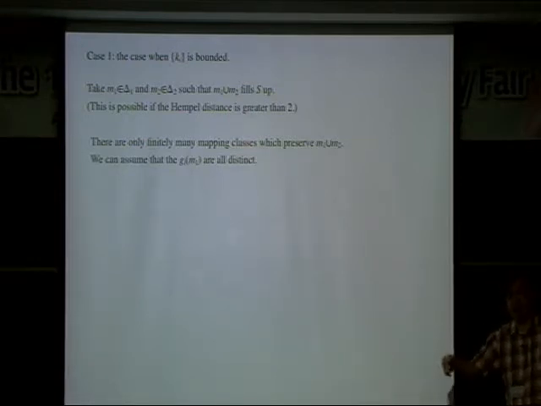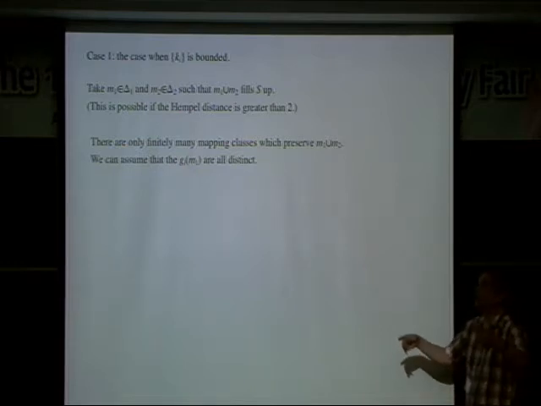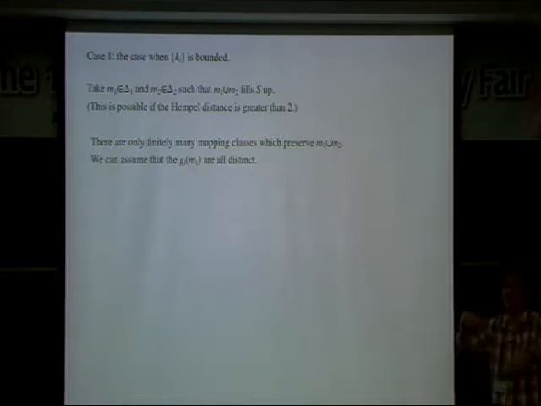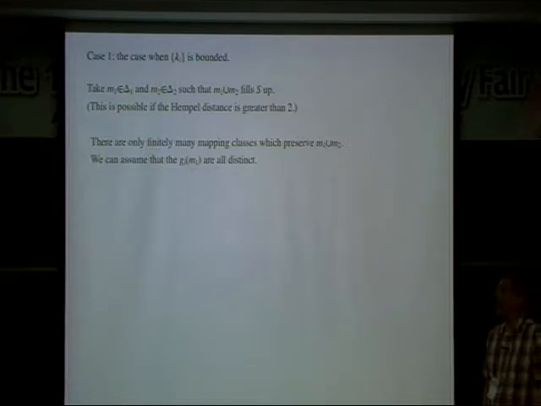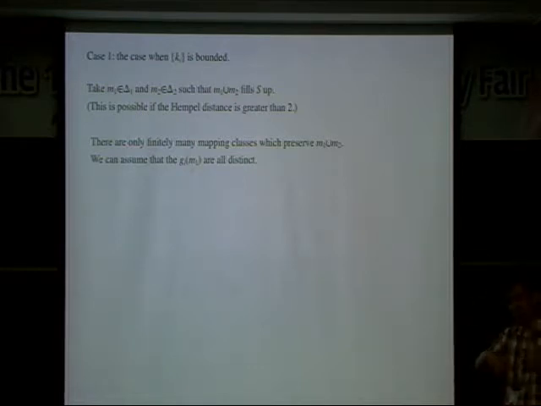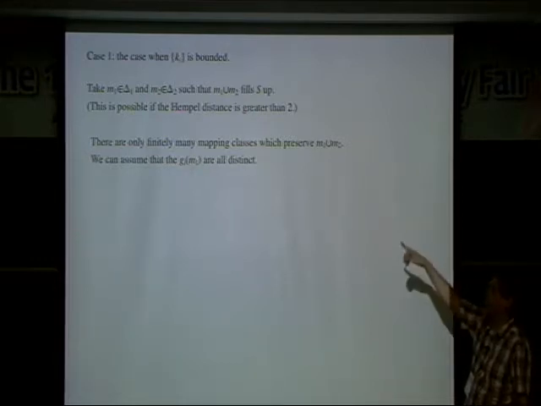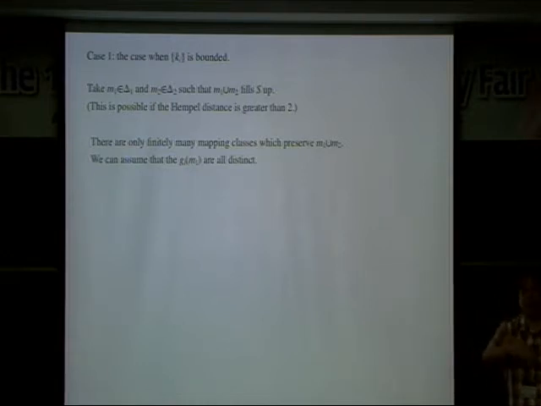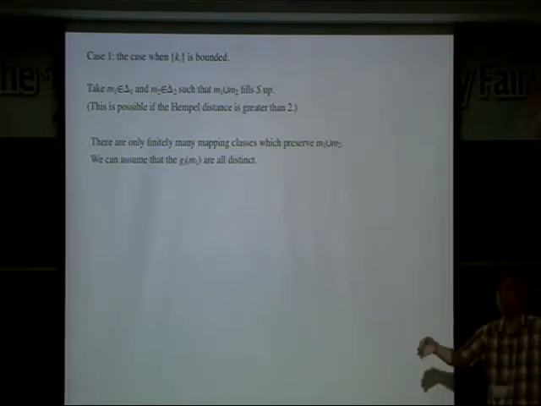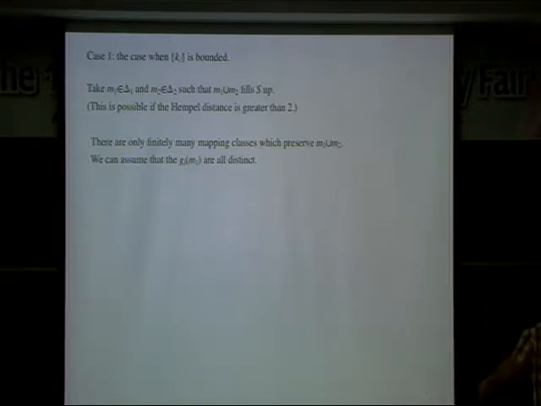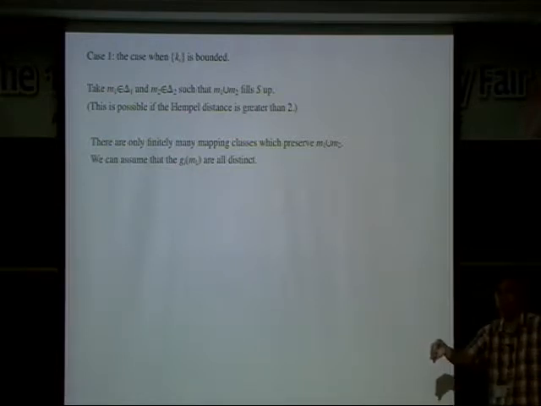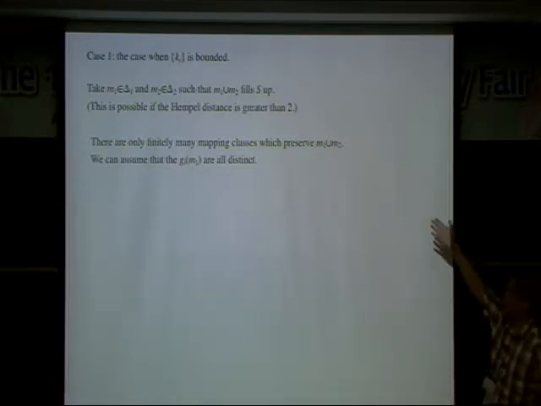So if you draw the meridians on S, then they fill up S. Because if they don't fill up, then you have some simple curve which is disjoint from both M1 and M2, and that means the distance between M1 and M2 in the curve complex is less than 3. So it contradicts the assumption.